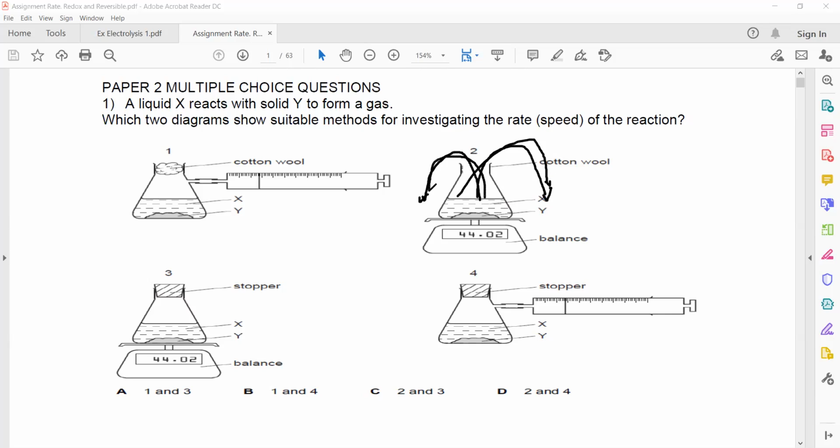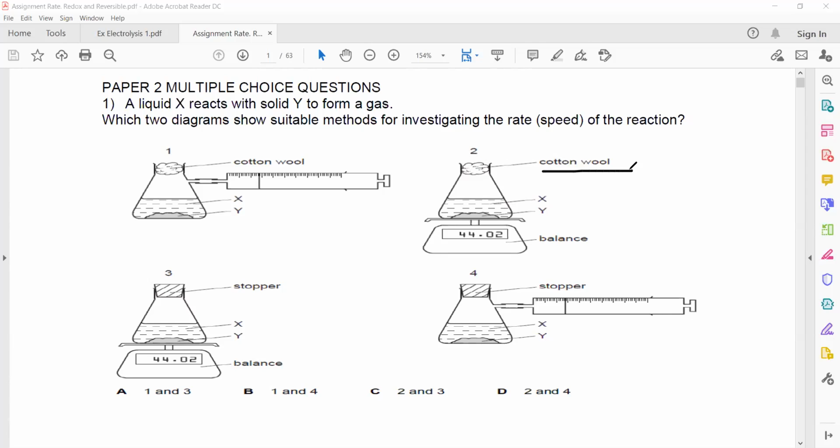If the liquid comes out from the flask, your experiment will not be accurate because you want only the product, the gas, to escape. You don't want liquid or the content of the flask to escape. As you only want the gas to escape, that is why you put a cotton wool.